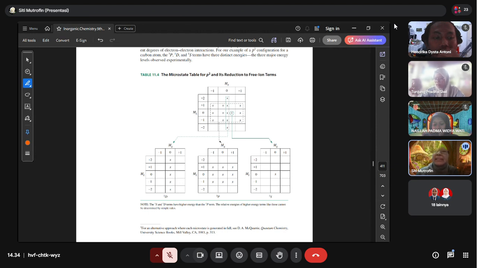So we can easily find out that if we choose the S in the -1 and +1 of the D, L equals D, in the +2 and -2 there is no microstate. The complete microstate belongs to the L equals D only at the MS equals 0.